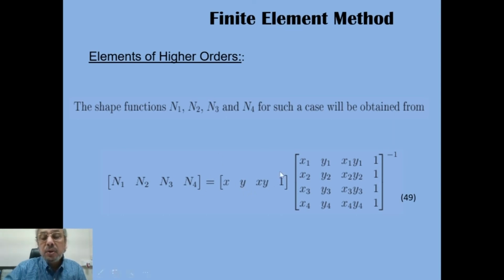So here also we will follow almost similar procedure. It will be x y 1, this is the row matrix, multiplied by inverse of x1 y1 1, x2 y2 1, x3 y3 1, x4 y4 1. Inverse of that. In the similar process, we can find out the shape functions.